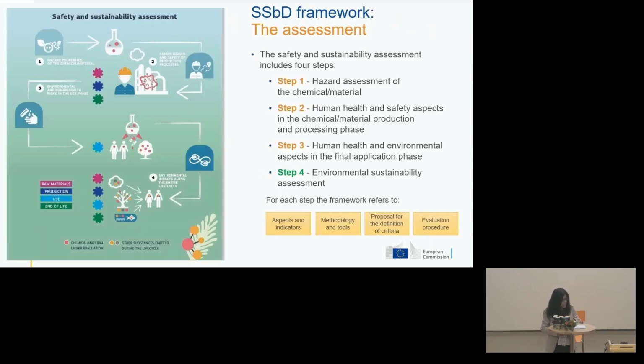And last is the life cycle perspective, as it was mentioned before, that all these dimensions need to be taken into consideration through the entire life cycle of the chemical material.